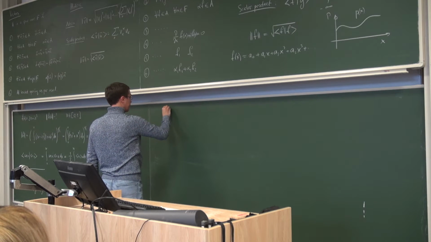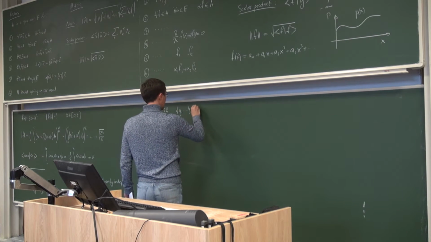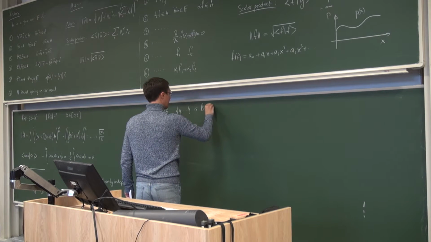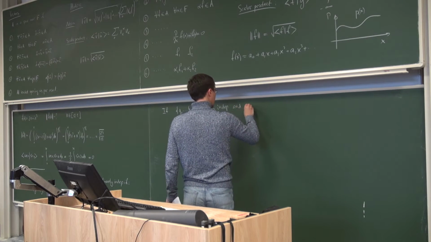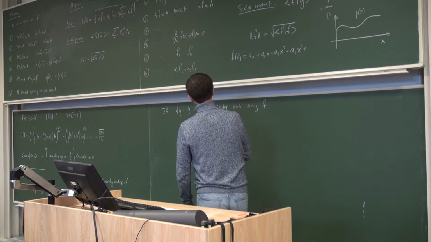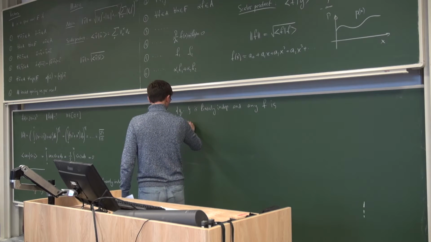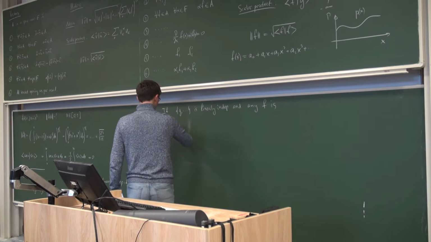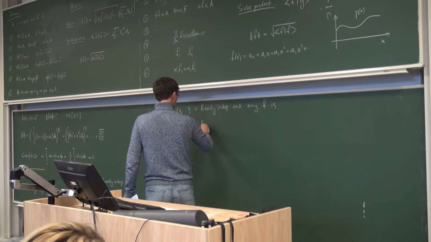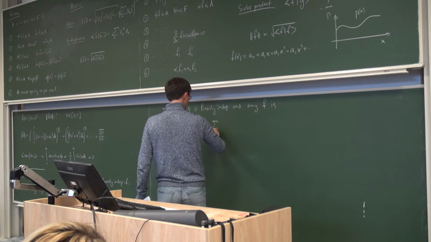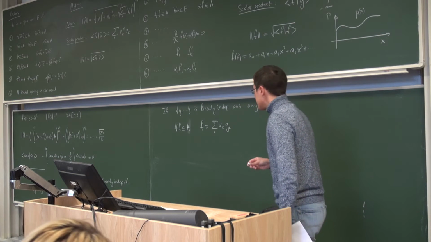If G1 and so on is linearly independent, and any F can be expressed in the following way, so for any F belonging to our space, F is a sum over k of alpha k Gk, then G is called the basis.